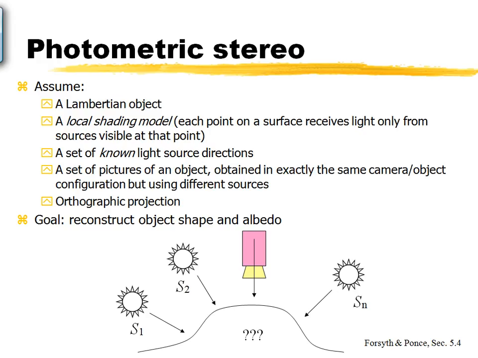So our problem becomes camera. We know S1, S2, Sn. We have no geometry on how we are capturing the image of the object, and say, well, go back and reconstruct the object.